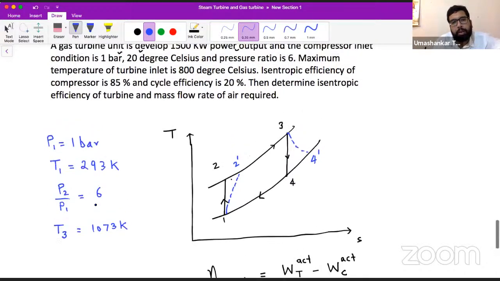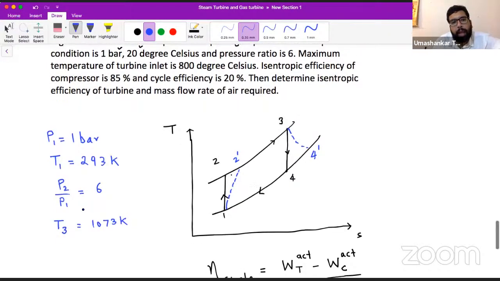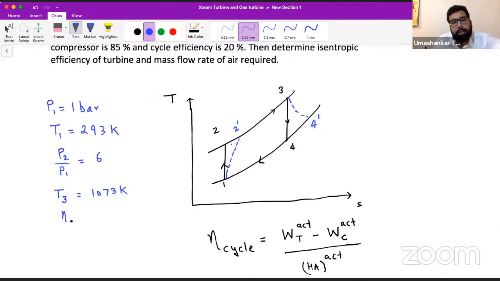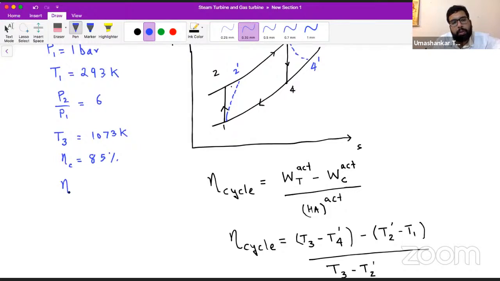So T3 is given to you. And what else is given? The compressor efficiency is given as 85%, and the cycle efficiency is also given.